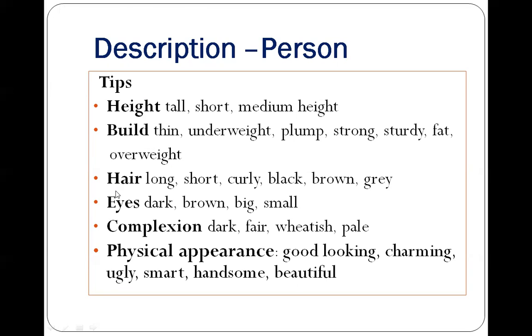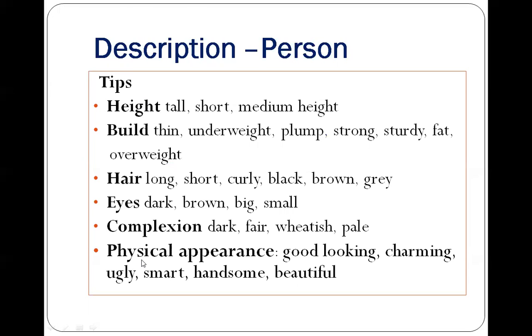You can talk about the hair: long, short, curly, black, brown or gray. So remember, for those who have white hair, we say they have gray hair. We don't say white hair, right? You can also describe the person's eyes: dark, brown, big, small, etc.